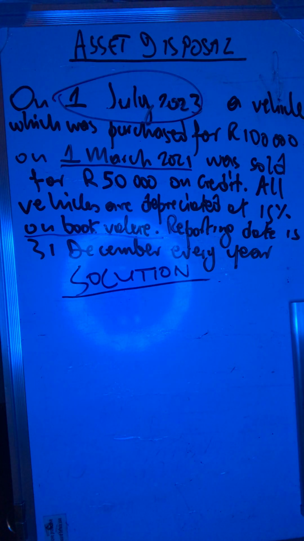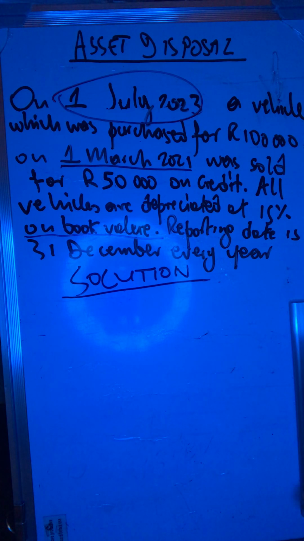Our reporting date is the 31st of December every year. Now, the minute you see that an asset was sold, your responsibility is to determine whether we made a profit or a loss by selling this particular asset.